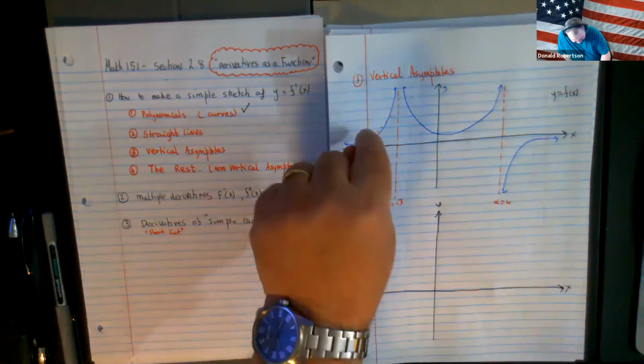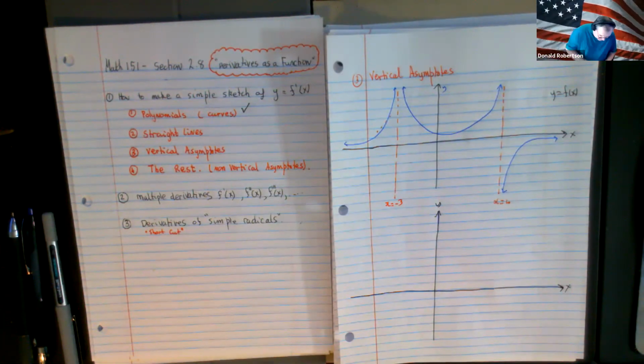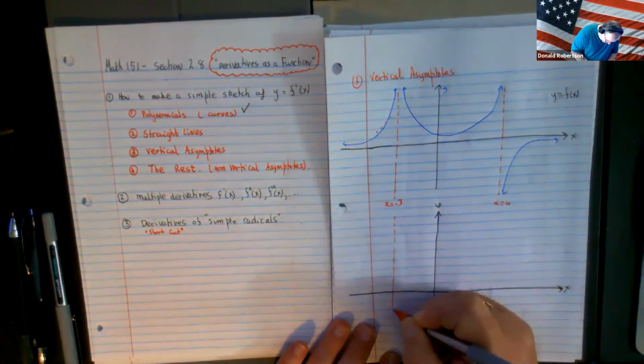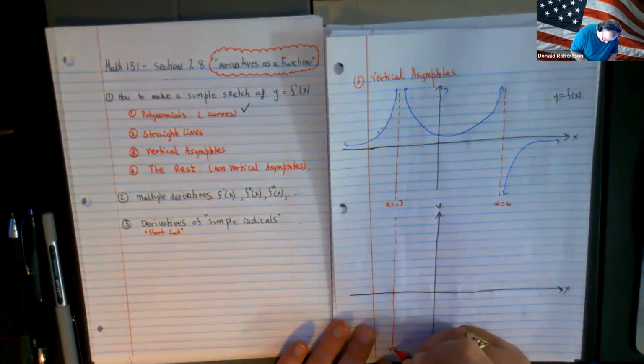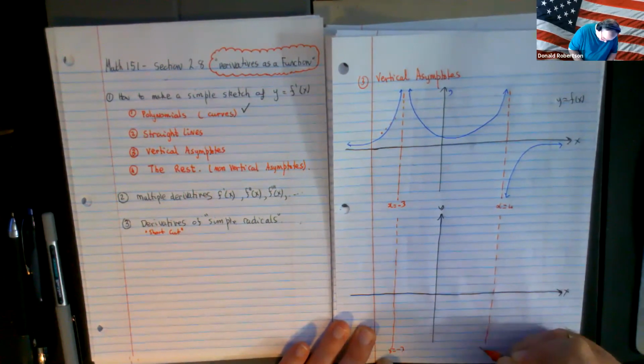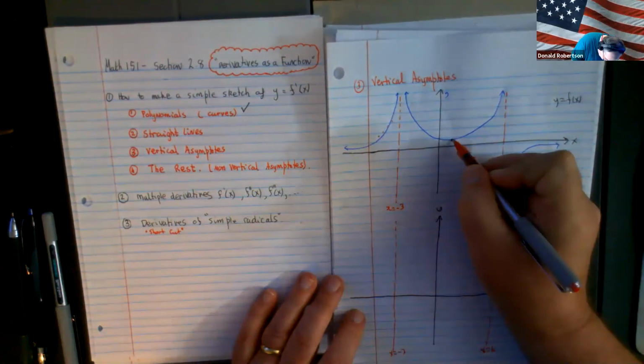We're going to split this up into regions, just like we did with everything, right? And I'm going to use the vertical asymptotes, so use them as a way of breaking up the region. And I'm going to use that guy there.